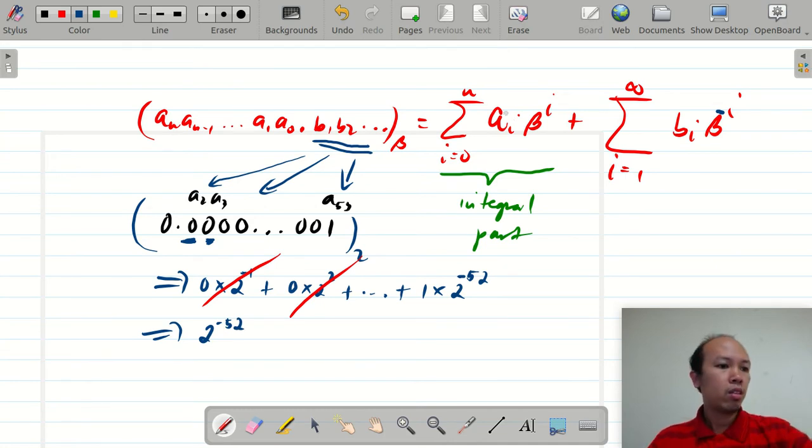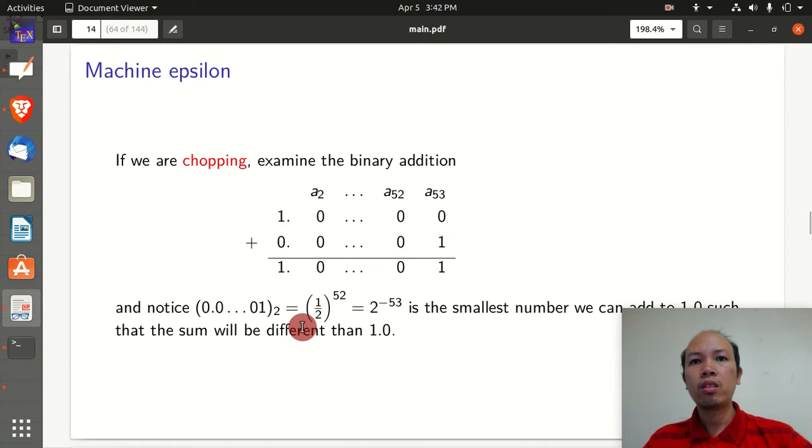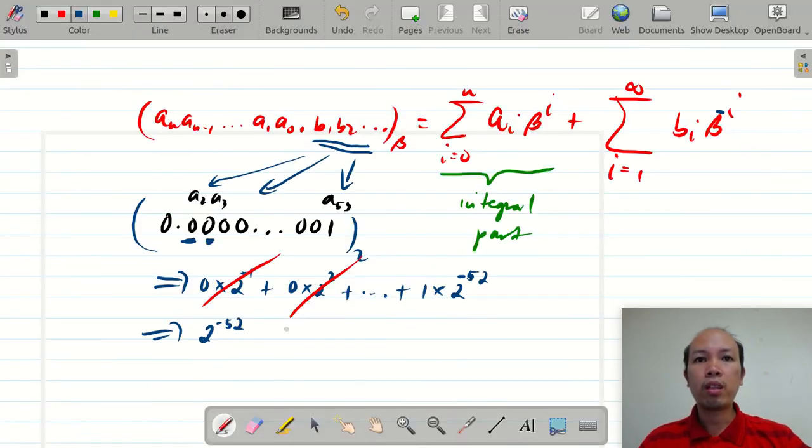Okay, so as you can see here, we have... how much is that? 2 to the negative, I'm sorry, I made a mistake. This is 2 to the negative 53. Okay, since 1/2 is 2 to the negative 1, so this is 52. Sorry, this is the right one.